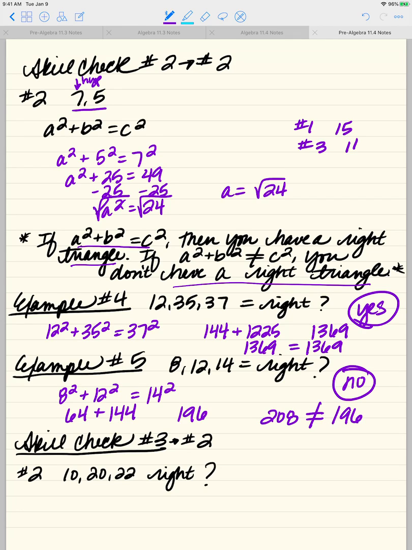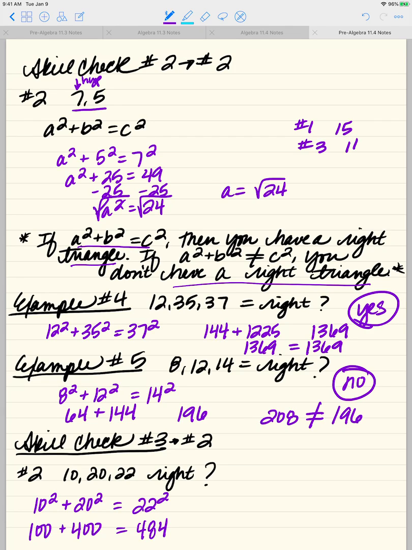Okay, skill check box number 3, number 2. We have sides 10, 20, and 22. So we're going to go 10 squared plus 20 squared. Is that equal to 22 squared? Okay. 10 squared is 100. 20 squared is 400. 22 squared is 484.